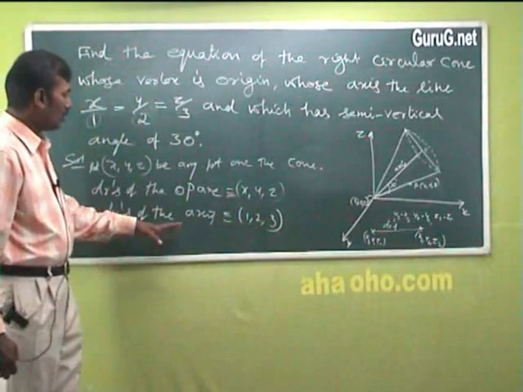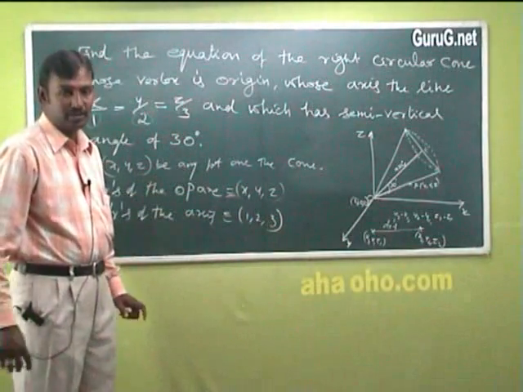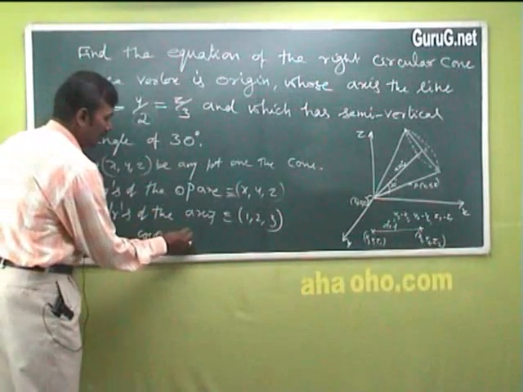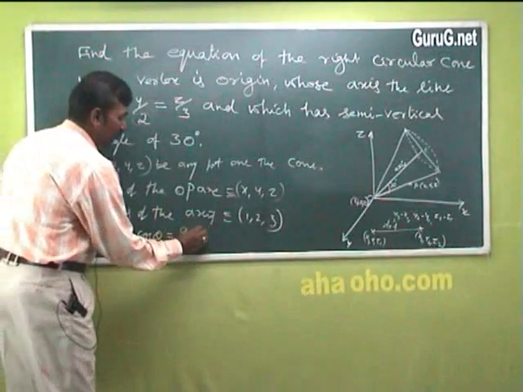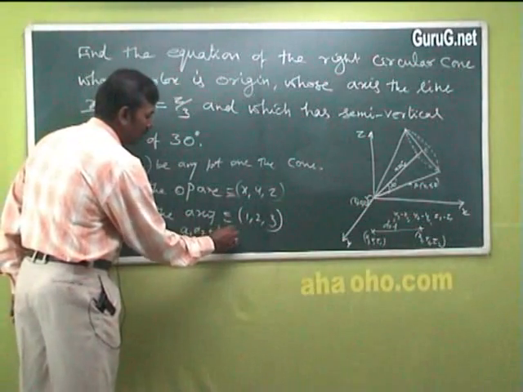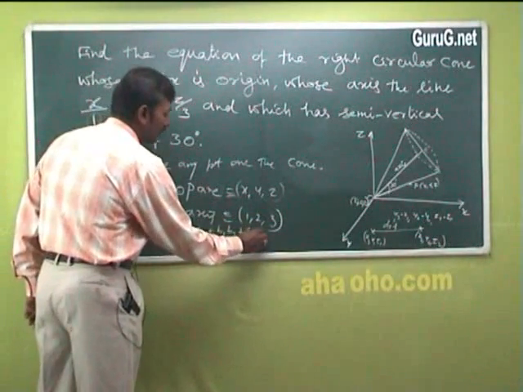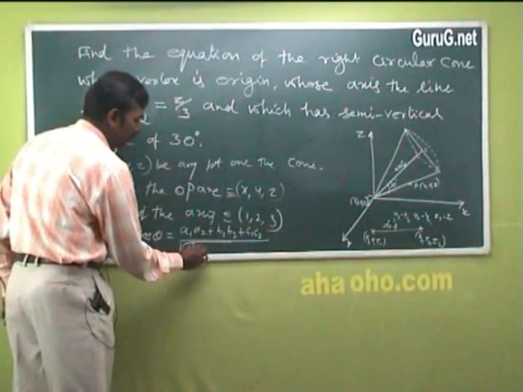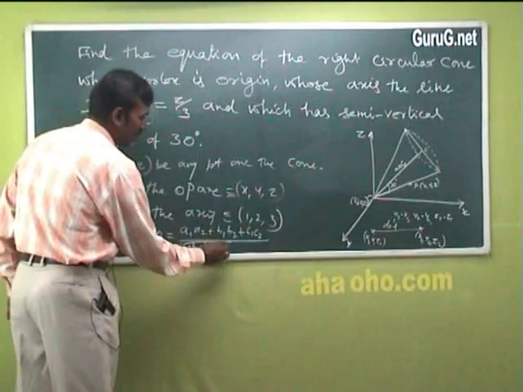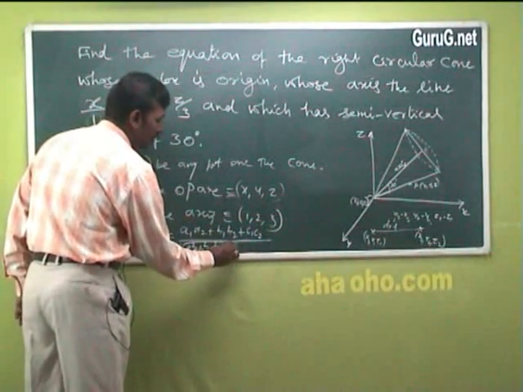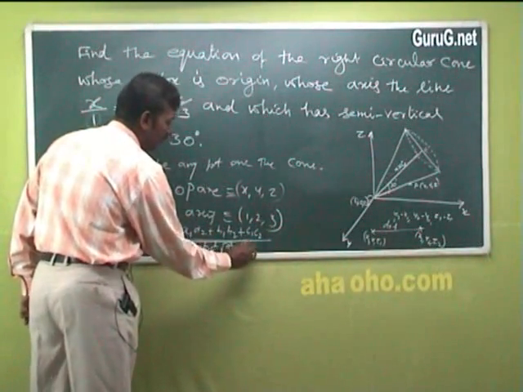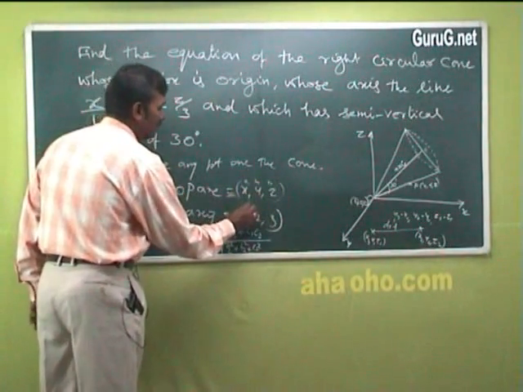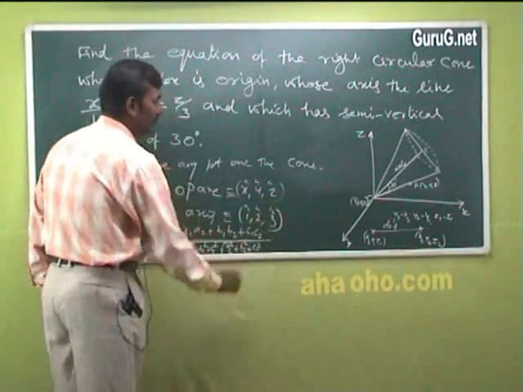Right? So you know the formula for the angle between the two lines. What is the angle between the two lines? Cos theta equals A1 A2 plus B1 B2 plus C1 C2 by root of A1 squared plus B1 squared plus C1 squared into root of A2 squared plus B2 squared plus C2 squared. So this is A1 B1 C1 and this is A2 B2 C2.